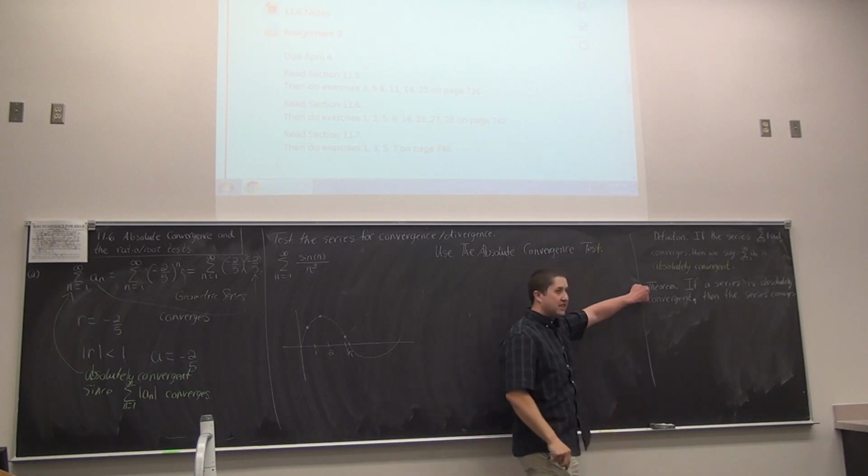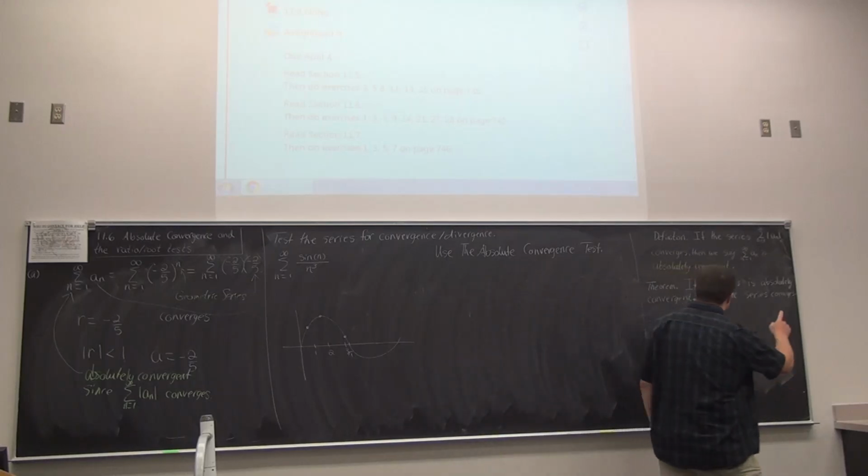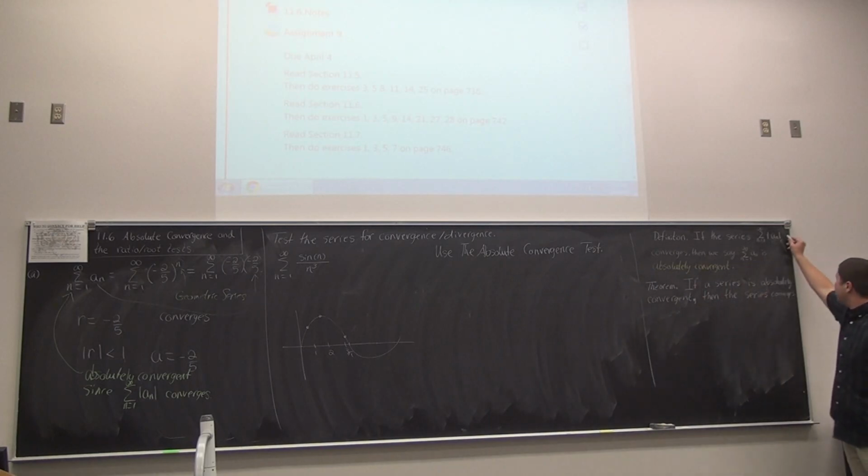In other words, we're just trying to use this theorem here. The test for absolute convergence says if a series is absolutely convergent, that means that it converges. So if we want to apply the absolute convergence test, our very first step is to take the absolute value of the nth term and see what happens.